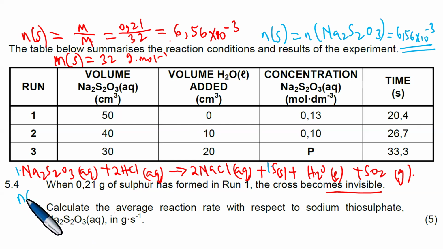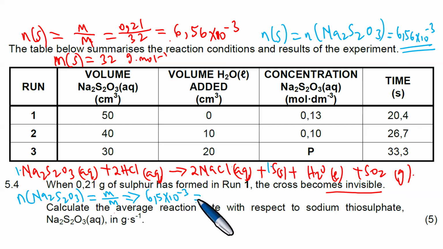Number of moles of Na2S2O3 is given by what? Number of moles is mass over molar mass. The number of moles of the sodium thiosulfate is 6.56 times 10 to the minus 3. What is the molar mass? 158.